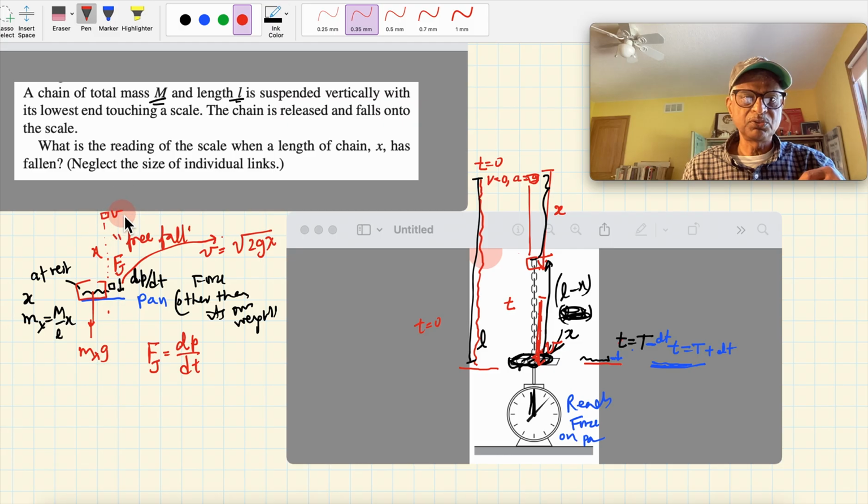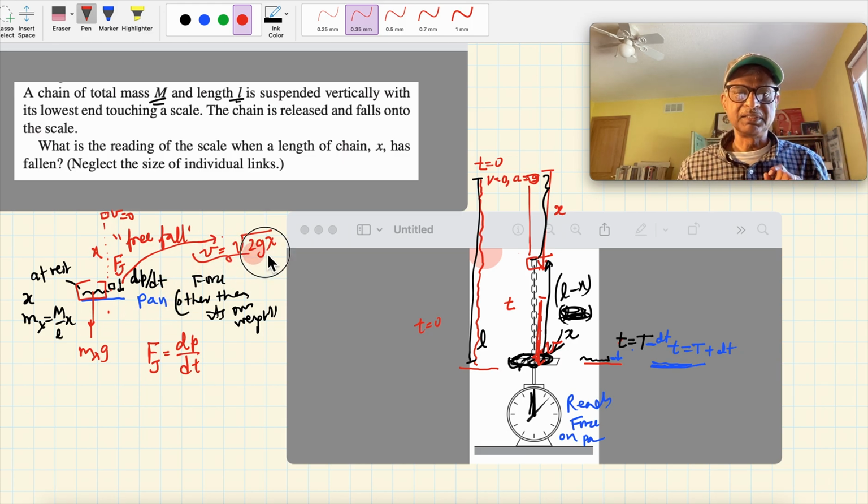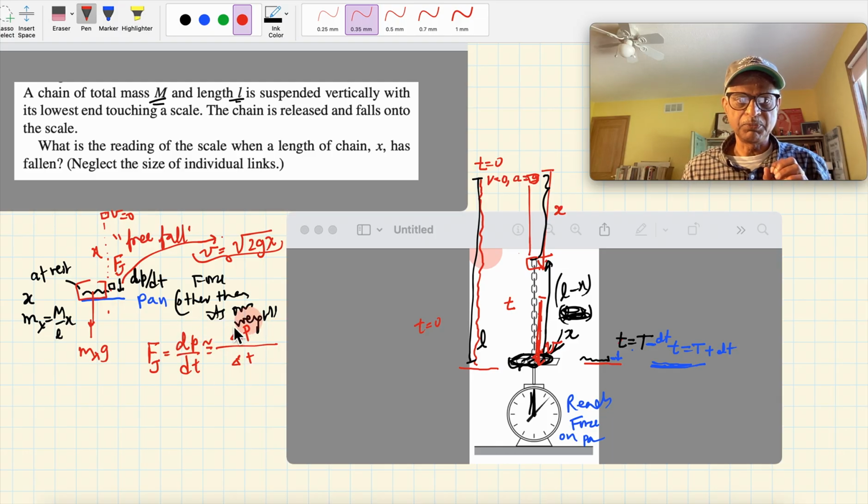If this was v equal to 0 here, and by the time it gets over there, it's going to be this v. So we know that much, right? So at the top is delta p, and below is delta t. So we're going to think in infinitesimal time. So it's going with v that much.